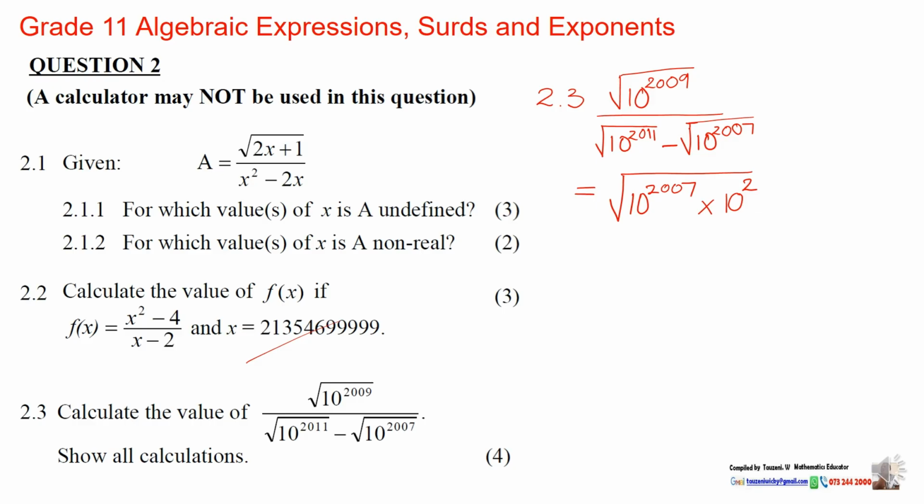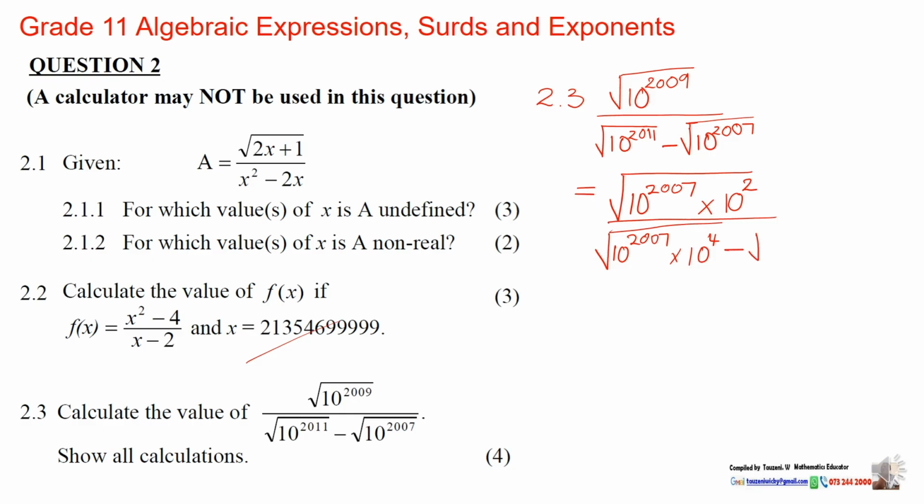If you multiply 10 to the power 2007 times 10 to the power 2, you must get 10 to the power 2009. In my denominator, I do the same thing. 10 to the power 2011 will become 10 to the power 2007 multiplied by 10 to the power of 4. So 2011 minus 2007, we get 4.